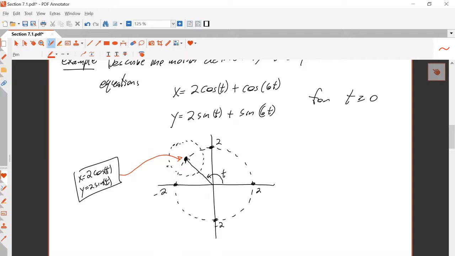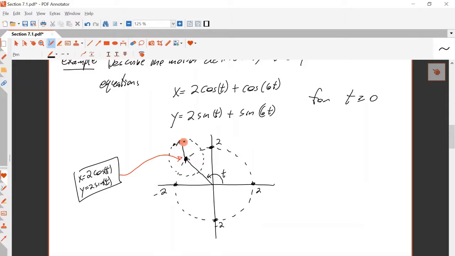But then we're adding to that point cosine 6t and sine 6t. So that's a circle of radius 1 around this point, and we're going to be somewhere along that.